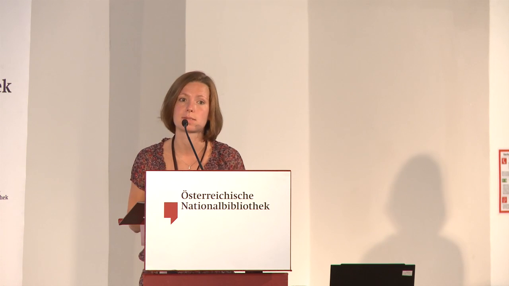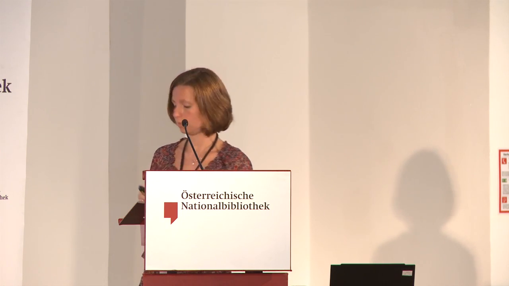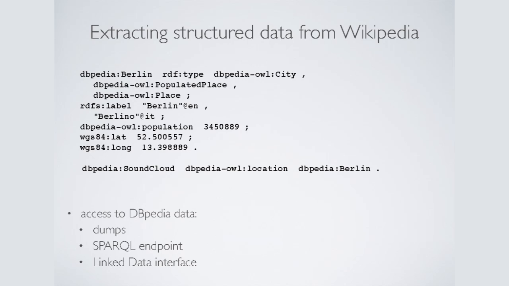As for places, there's geocoordinates. For persons, there's PNDs, etc. So Wikipedia then publishes this extracted information as RDF, which is, as you can see, publishing labels in different languages, geocoordinates, etc. And also, since it is a connected graph, it also contains statements of things that link to the resource you just extracted.